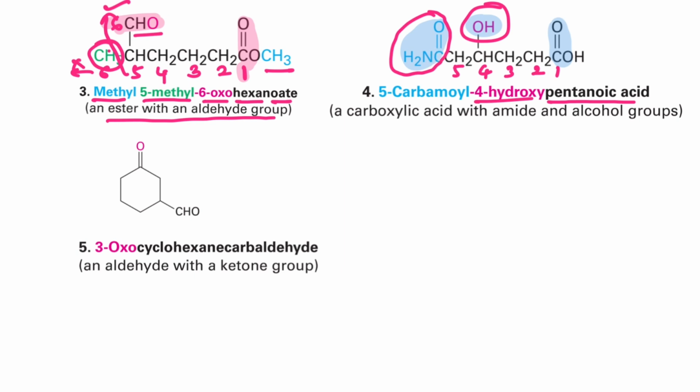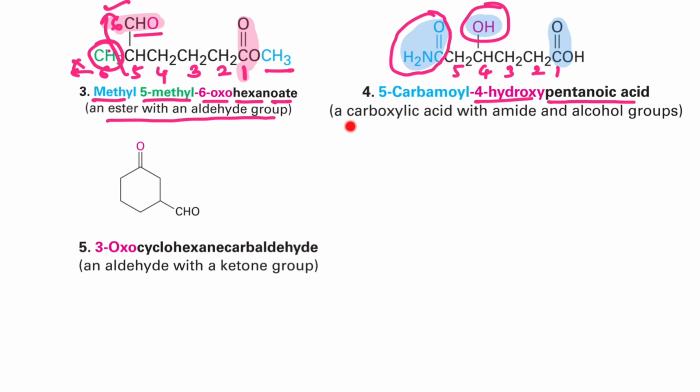The reason is that amide is here a prefix, not as a suffix, only as NH2. Therefore, this is one substituent. We have to consider this C double bond O NH2 as an amide group. Its name is carbamoyl. Therefore, we consider it as one substituent and do not give a number to this carbon.